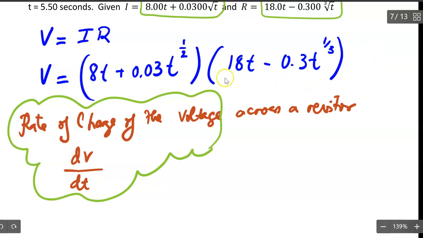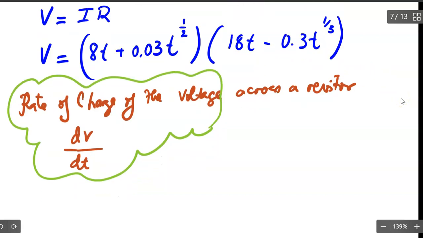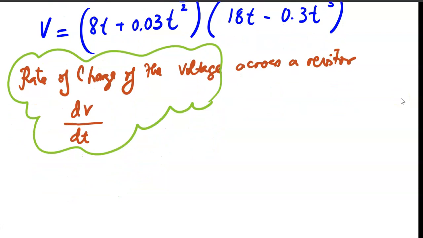However, I don't recommend that, because right here you have t to exponent a half and t to exponent 1/3, and the product rule is a lot more complicated. So if we can just expand and find V first, then we will differentiate each term individually.